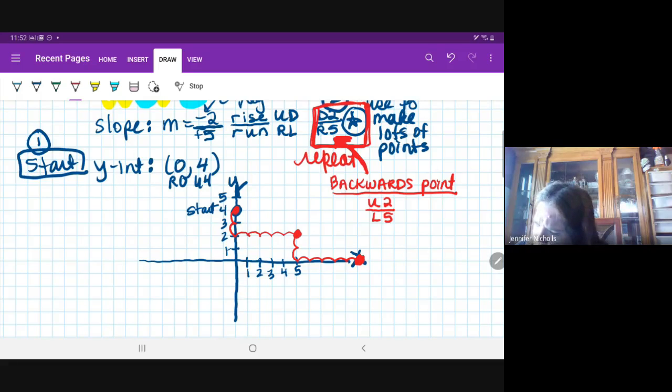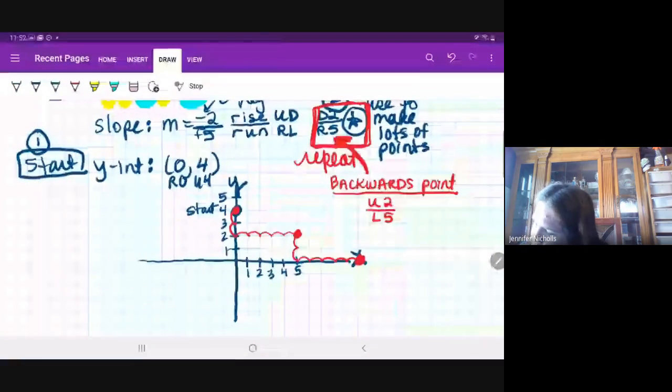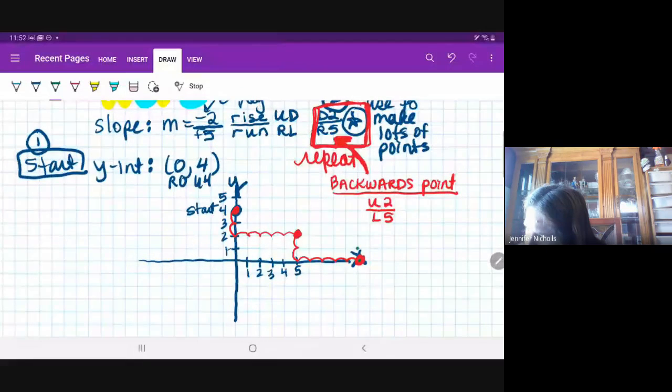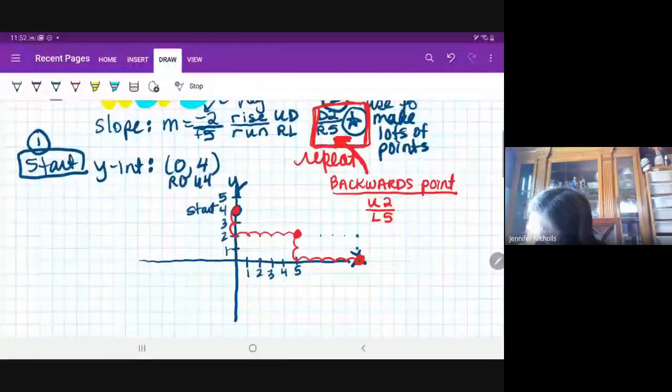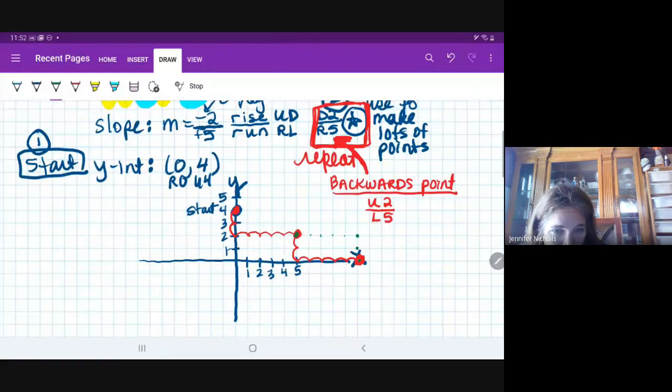So if you're standing over here at the point I just made, I could say 1, 2 up, and then 1, 2, 3, 4, 5 left, and I got that point. That's not too helpful though, because I already have that point. So it's kind of like a boring point.